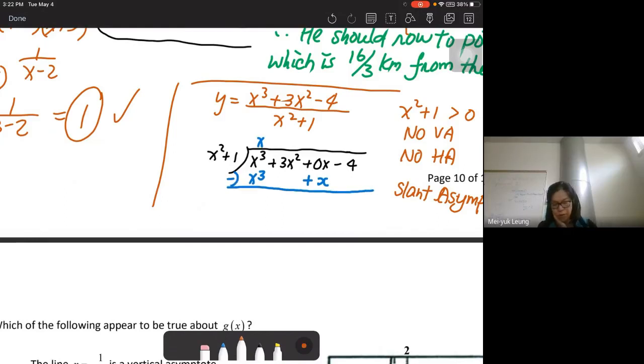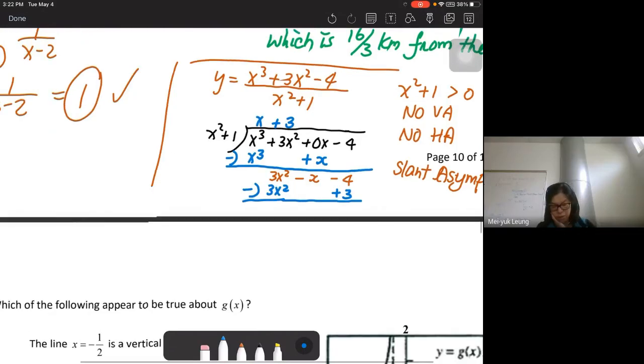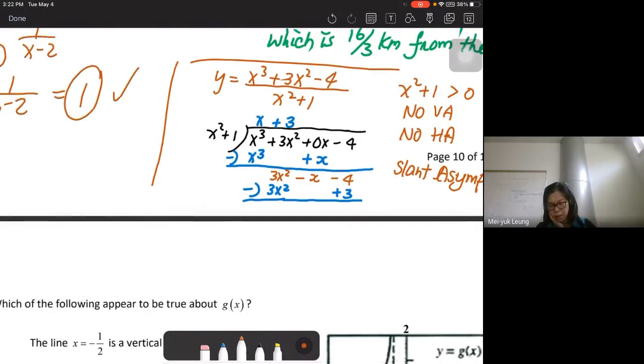Okay, so the first term gets cancelled. We have 3x squared, bring it down. And then we have negative x minus 4. So repeat the procedure. We multiply x squared by 3 to get 3x squared. And then 1 times 3 is positive 3. So subtract the 2 lines again. We have negative x minus 0, that's still negative x, but then the constant term would be negative 7.